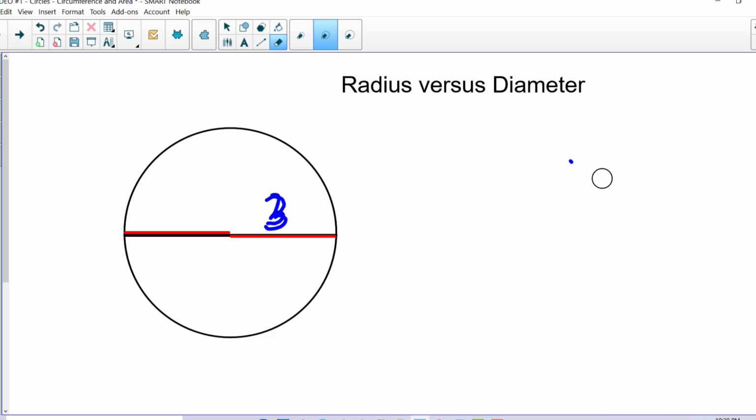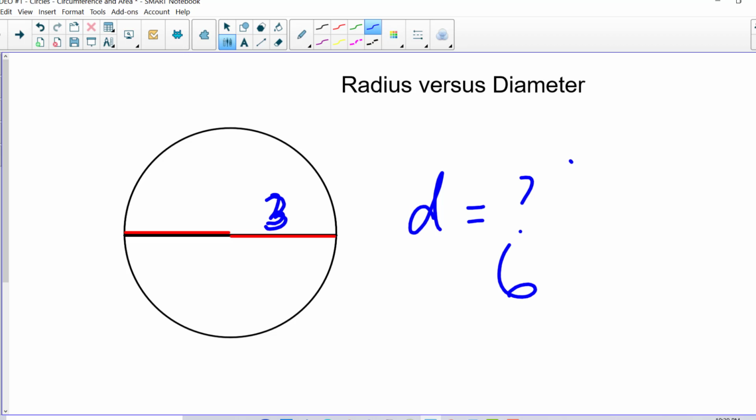So if the radius was 3, what would the diameter be? Did you say 6? Yes, because if this radius is 3, and then this one is 3, together all the way across, it would make 6. Okay?